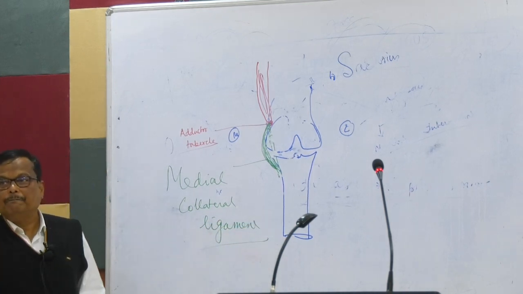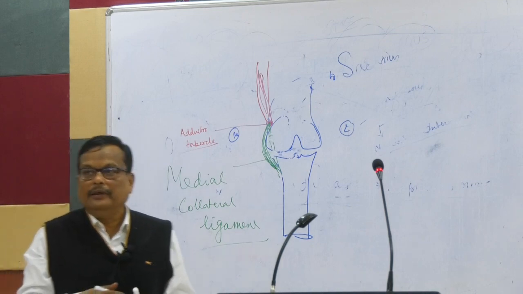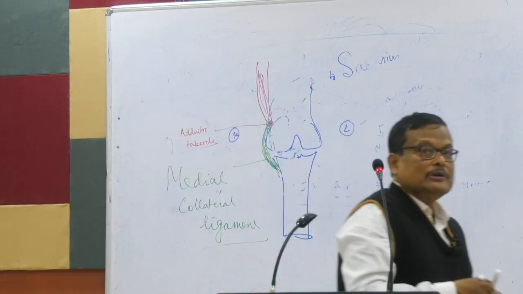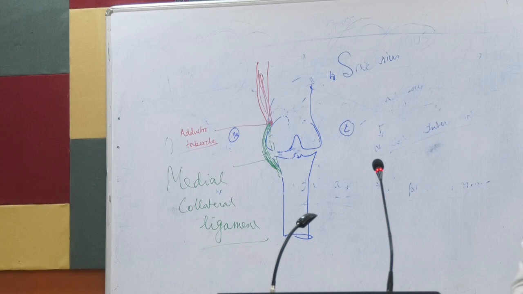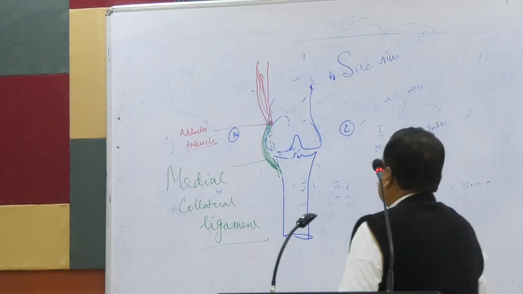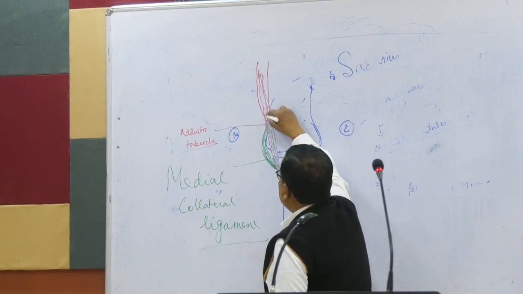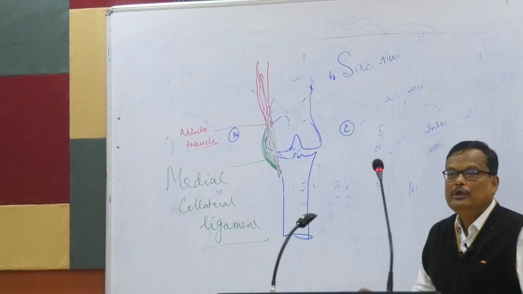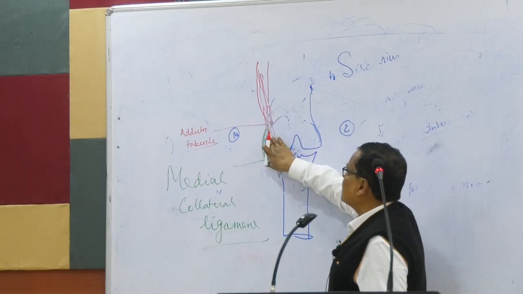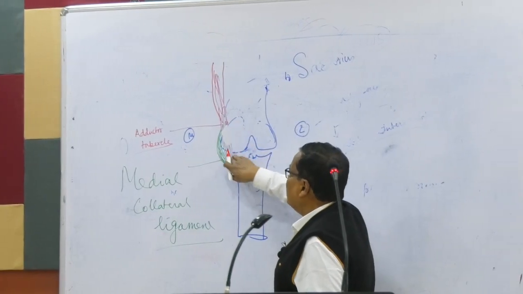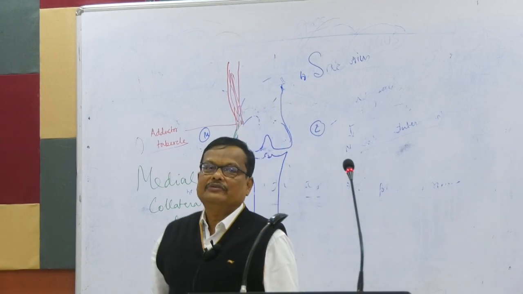In lower primates and lower mammals, it was a muscle. Actually, in lower primates, the adductor magnus extends like that. In human, this part becomes a ligament and is known as the medial collateral ligament.